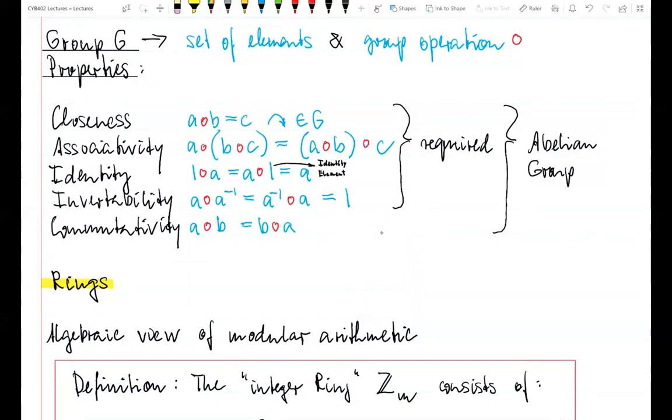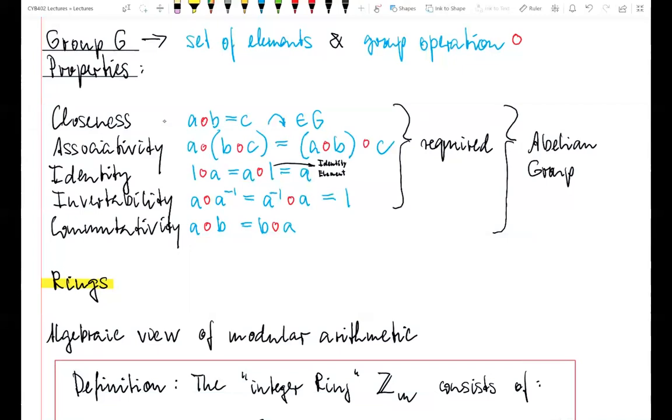Okay, another requirement is associativity. So our group operation is associative, which means that if we have three elements like here, and we apply the group operation to these elements, we obviously have a choice.